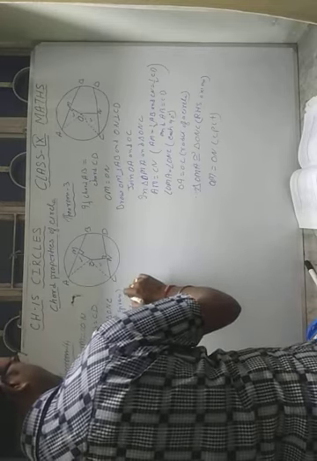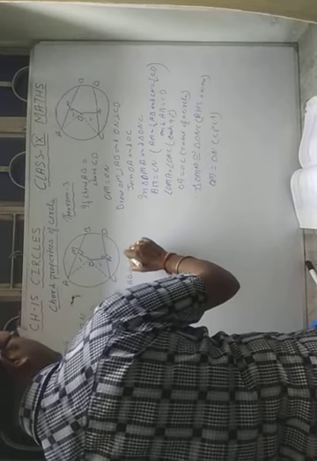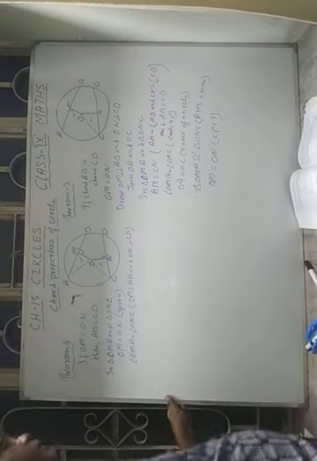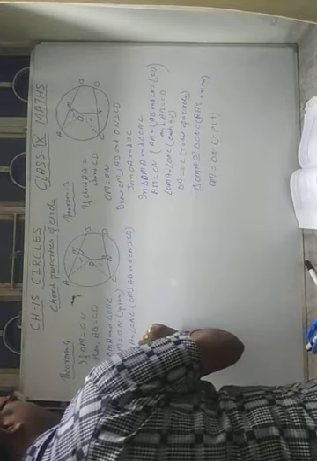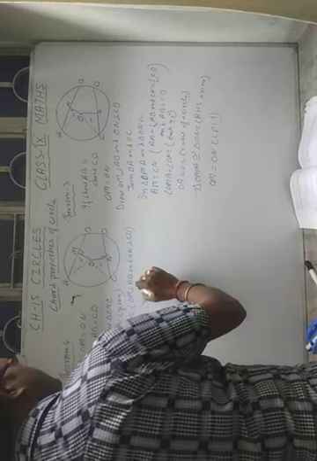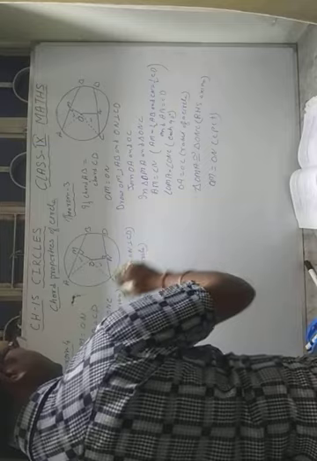Since OM is perpendicular to AB and ON is perpendicular to CD. And the third, the radii are equal, so OA is equal to OC, radii of a circle are equal.